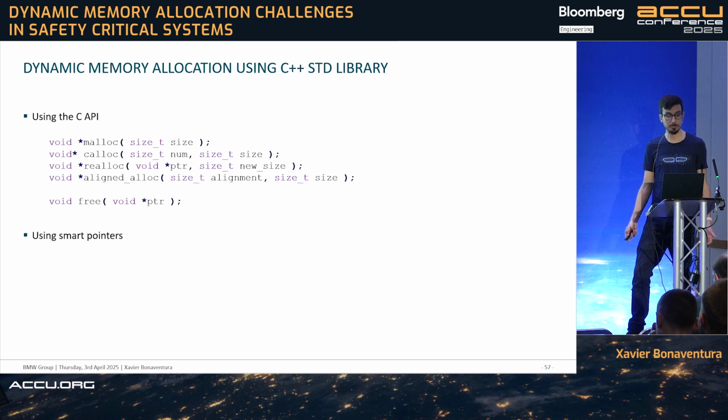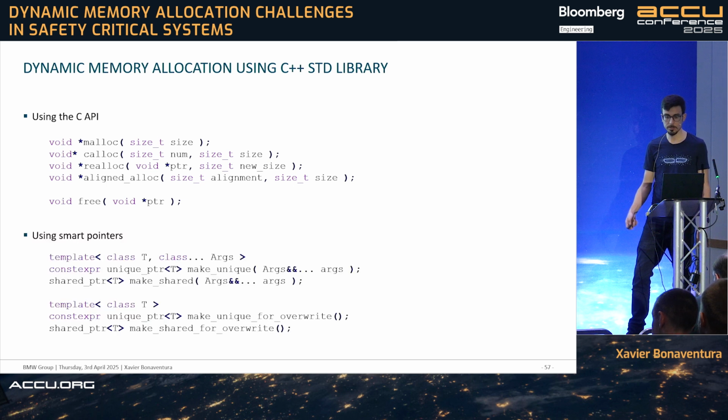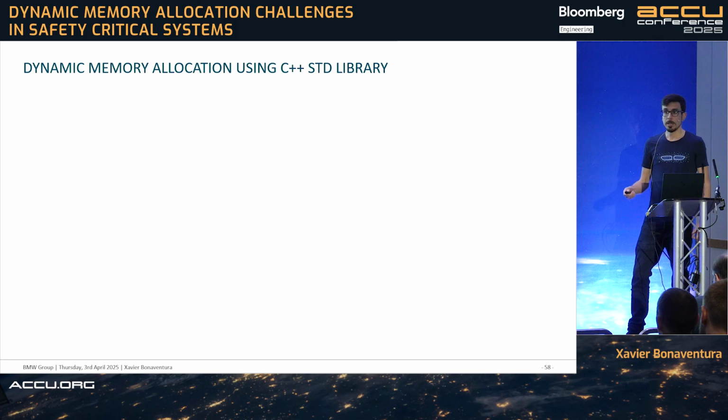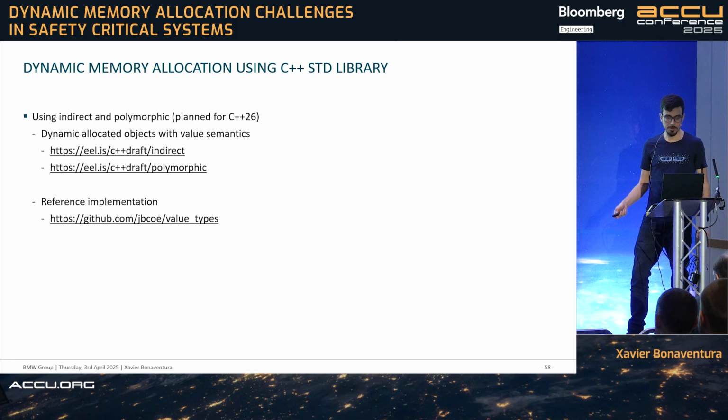We could also use the smart pointers. That's also a way that you will end up with dynamic memory allocation. And in C++26, we will have indirect and polymorphic. These are two new types that are nothing else than heap, like they put objects allocated on the heap, but with value semantics. You just use the normal value semantics, but they are going onto the heap.